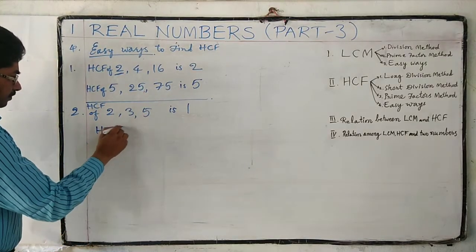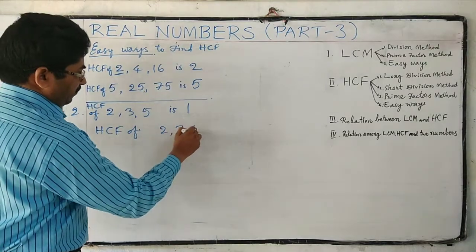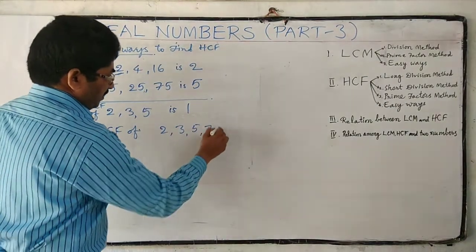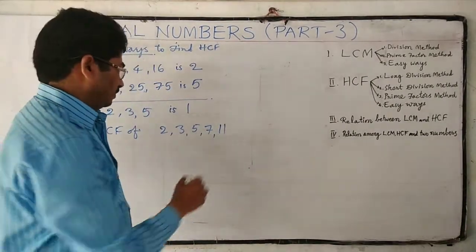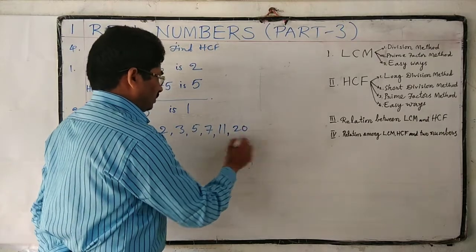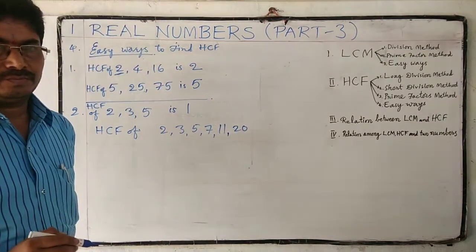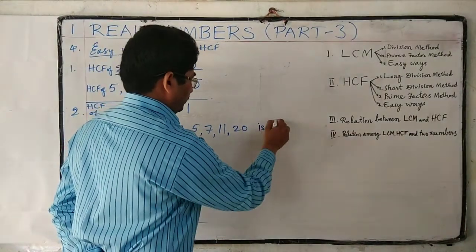HCF of 2, 3, 5, 7, 11. These all are co-primes. So the HCF of these numbers is 1.